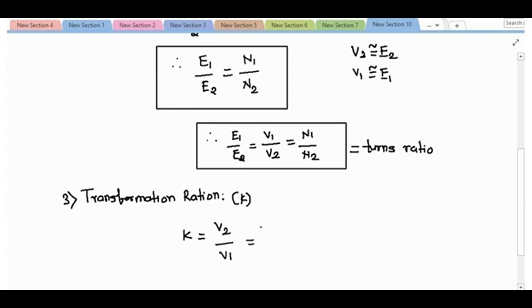My secondary voltage is approximately equal to the secondary EMF, and primary voltage is approximately equal to the primary EMF. Also I can write V2 upon V1 equals E2 upon E1 equals N2 upon N1.